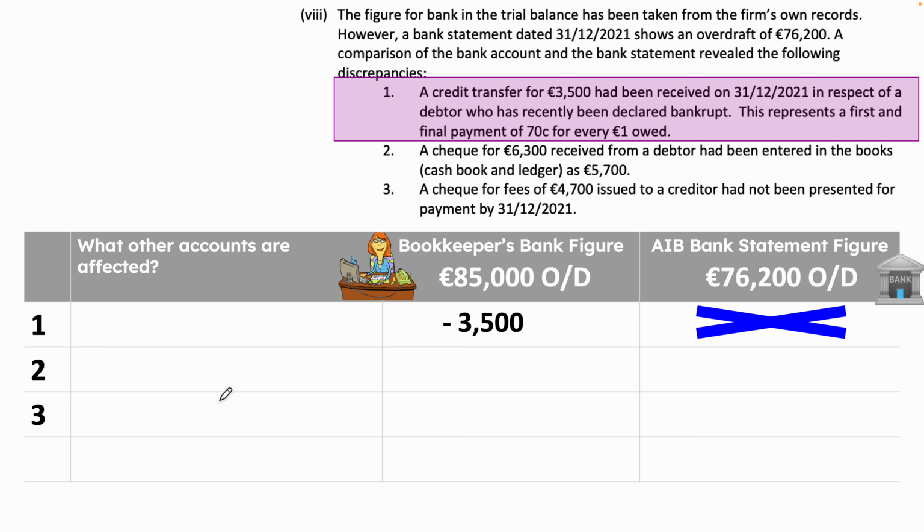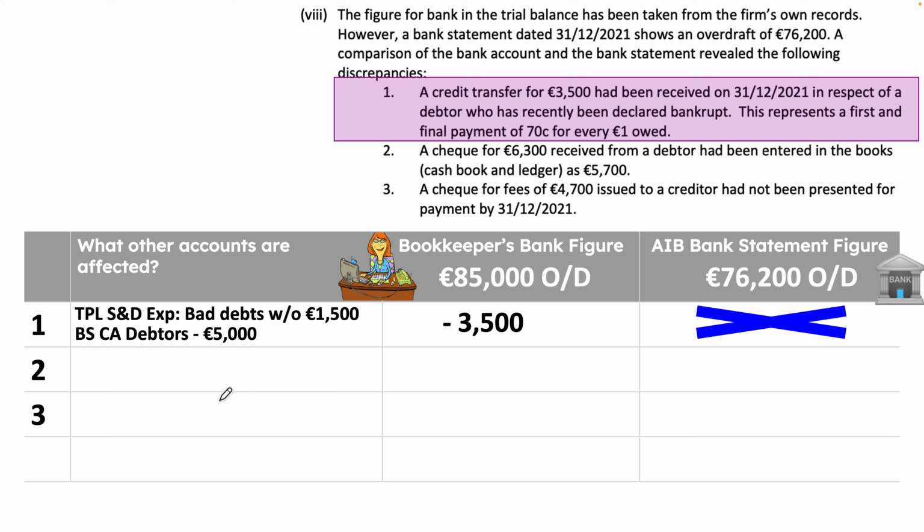Now we need to think, what else do we need to do in our accounts here? So credit transfer 3,500 received in respect of a debtor who's recently been declared bankrupt. This represents a first and final payment of 70 cents for every €1 owed. So 3,500 was money coming in, we got that, but we're not getting the other amount.